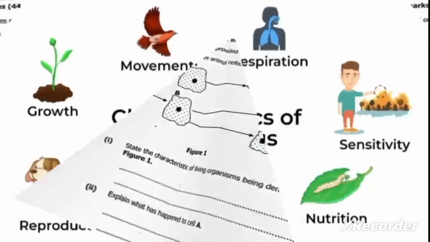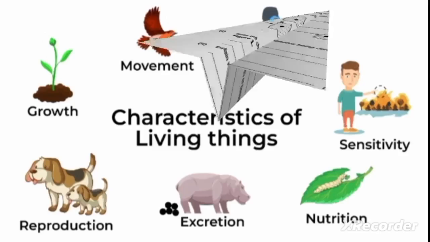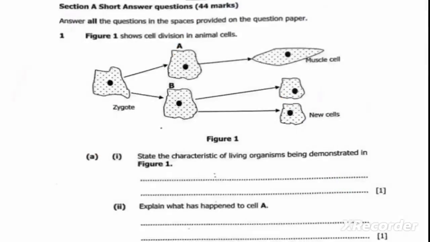So there are 7 characteristics of all living organisms: respiration, sensitivity, nutrition, excretion, reproduction, growth, and movement. So the characteristic being shown here is growth.